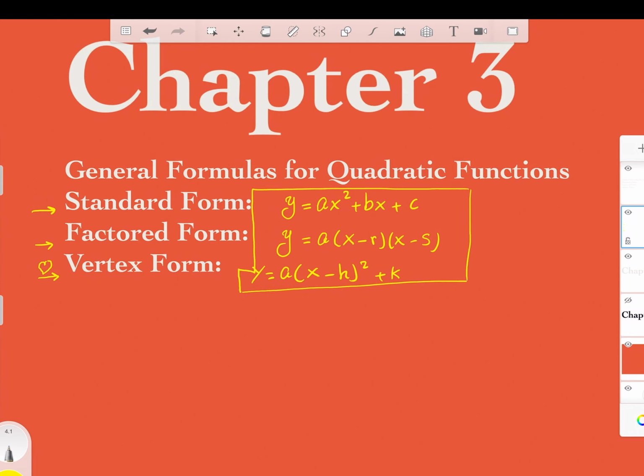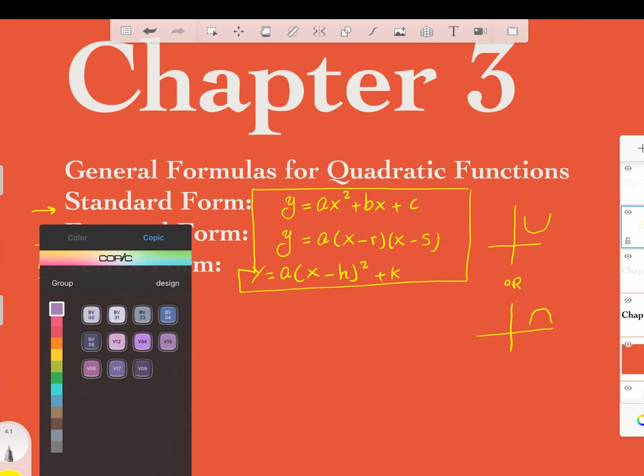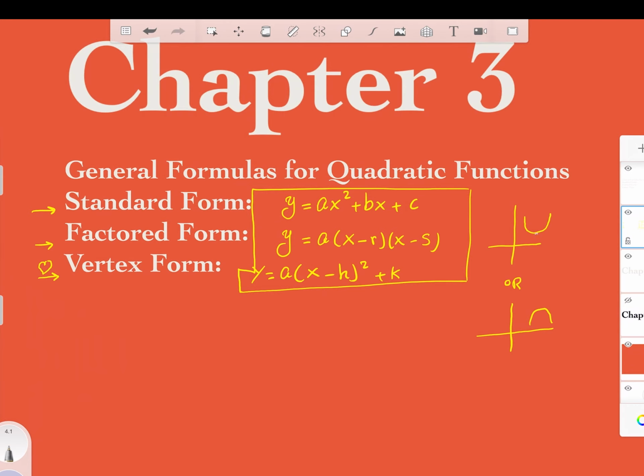The graph of a quadratic function will be concave up or concave down. This point they call the vertex, and this is a vertex.